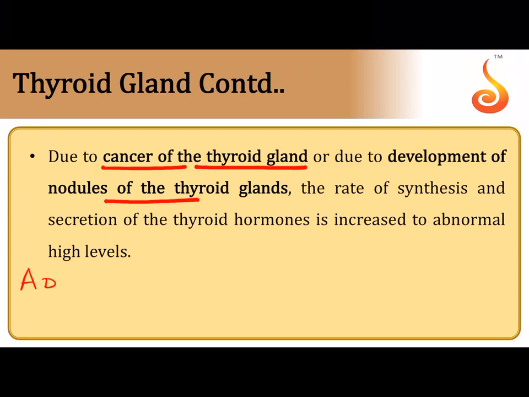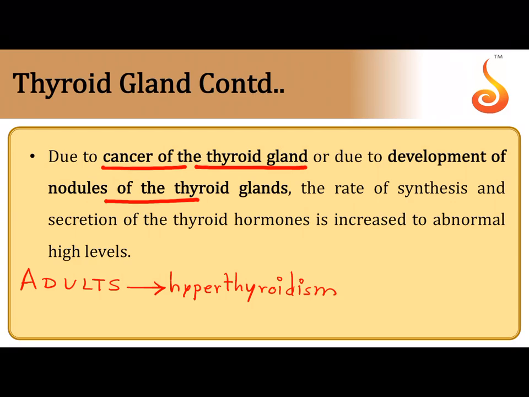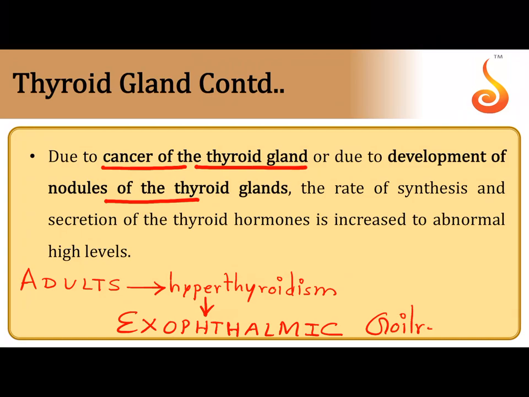And one important thing is, in adults, if there is hyperthyroidism, this is something you should remember: it results in a condition that is called exophthalmic goiter. So they may ask this in your examination: excessive production of thyroid hormone in adults.